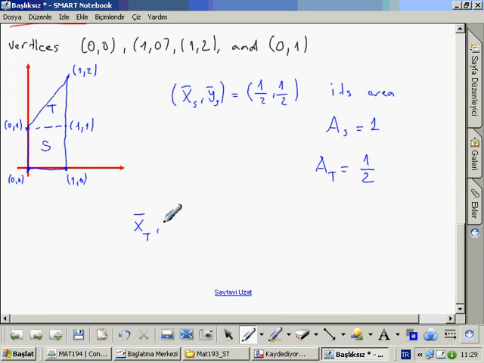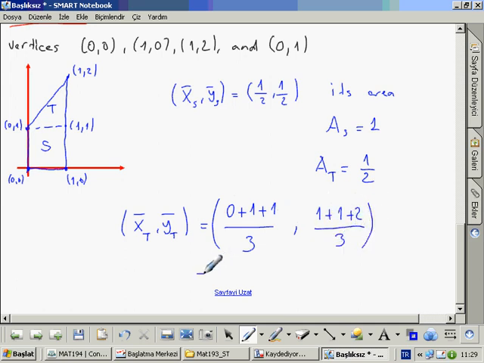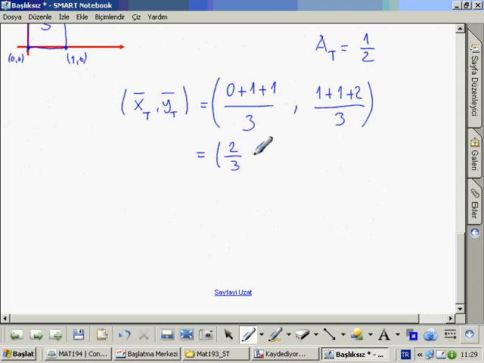The triangle centroid (x_T bar, y_T bar) is ((0 plus 1 plus 1) over 3, (1 plus 1 plus 2) over 3), which is (2 over 3, 4 over 3). We continue to use subscripts S and T to denote the square and triangle.